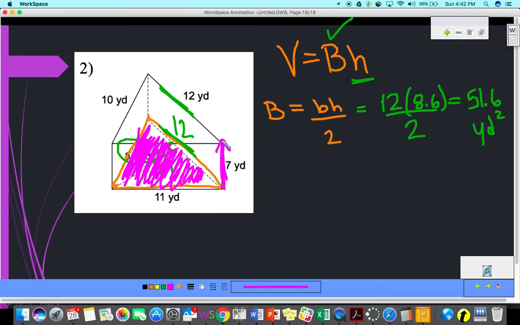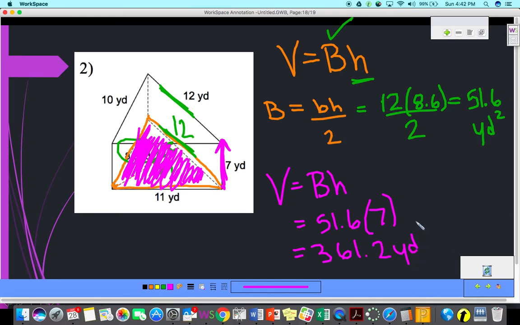I'm going to stretch it up the 7. So my volume is going to be base area times height, 51.6 times 7. Multiplying 51.6 times 7, I get 361.2 yards cubed.